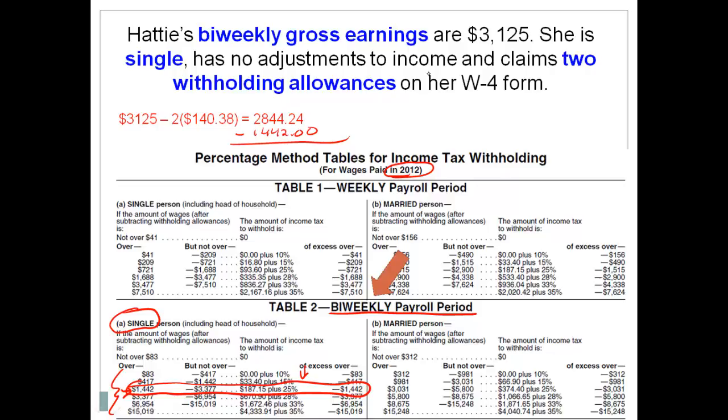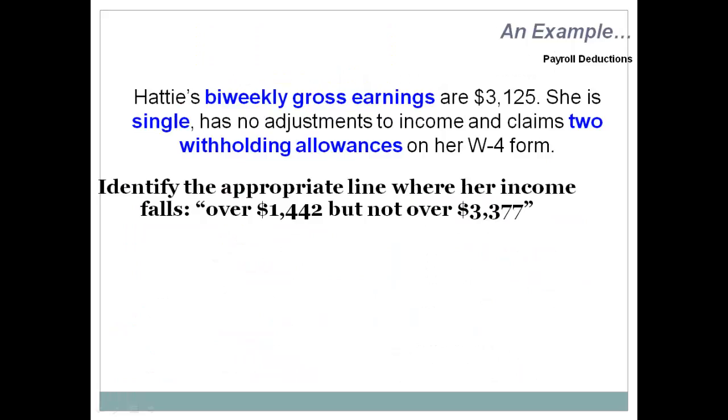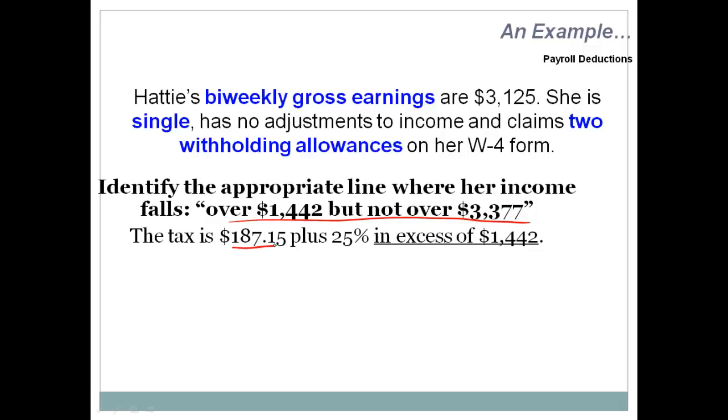So subtract that, multiply that by 25%, and then don't forget you still have to withhold the $187.15. So you're going to have to add that to that amount. We're looking up the amount over 1,442 but not over 3,377. So that says $187.15 plus 25% of the amount over 1,442.